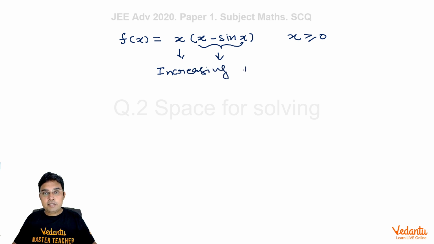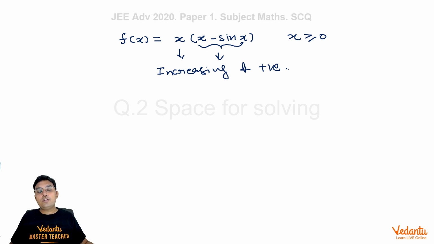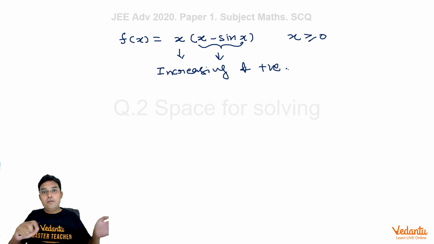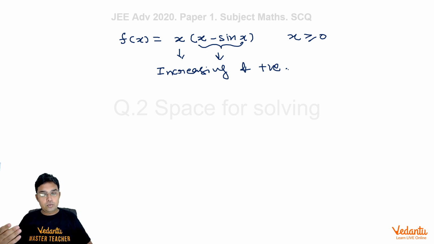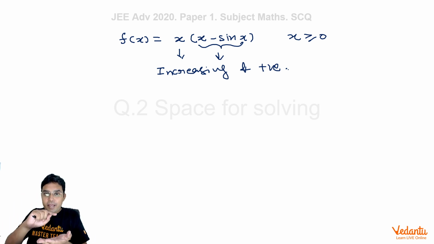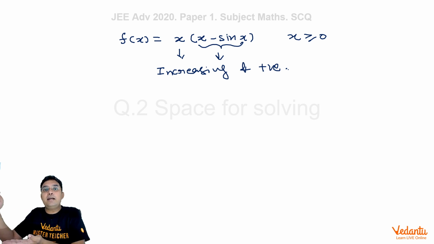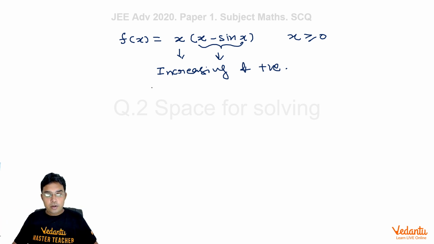They both are increasing and positive. So their product has to be increasing and positive only, starting from the value equal to 0, as at x equal to 0 it will be 0. So we can see it should be increasing throughout for all x greater than 0. So directly we can say f(x) is increasing.